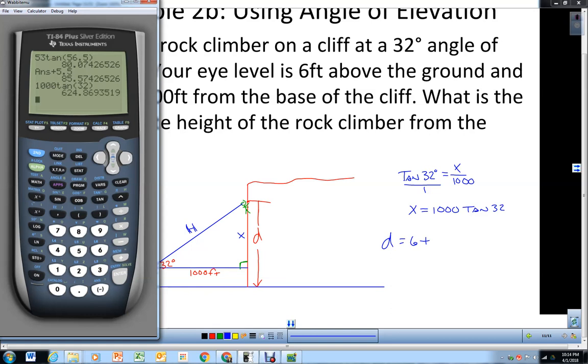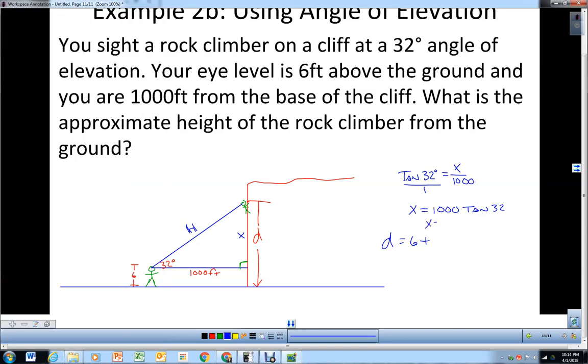Since we're rounding to a whole number, 624.8 is about 625 feet, so x is about 625. Now we're going to add that to the 6 feet, and that gives us the distance the climber is from the ground, approximately 631 feet. All right, let's move on to the next one.